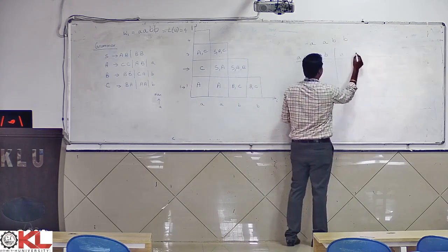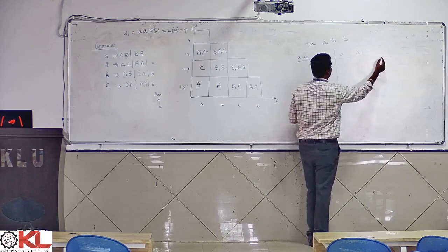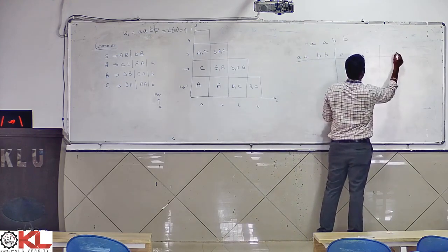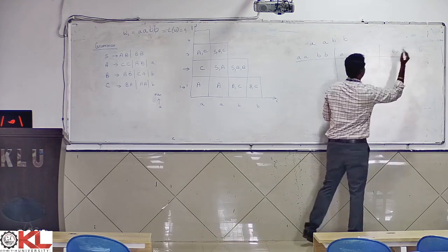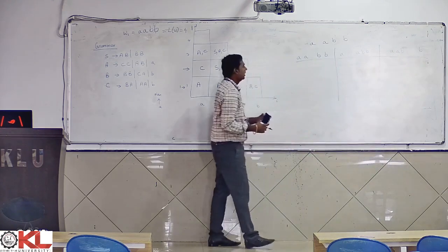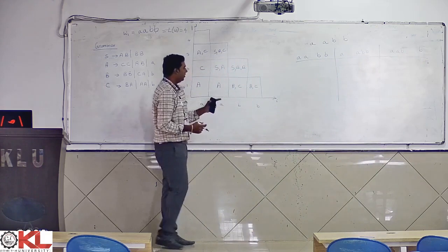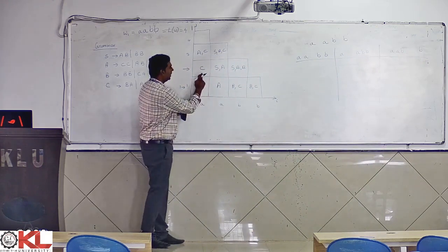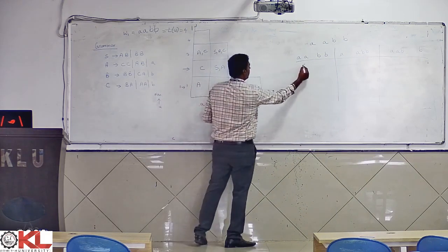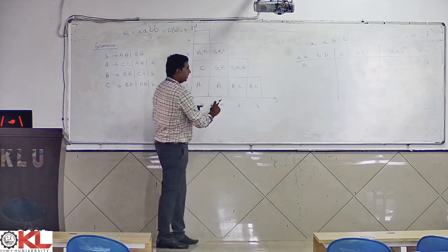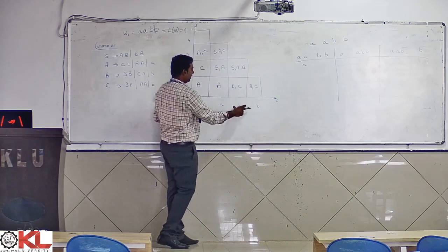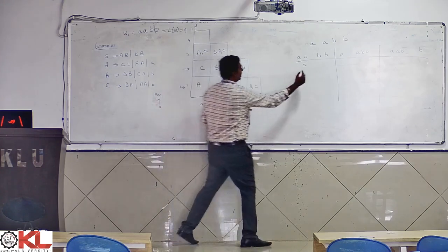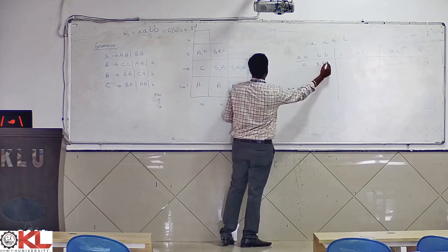The next combination is A and ABB. The next combination is AAB and B. Now I am checking where AA comes. When we map AA, it comes here, C. When we map BB, it comes here, S comma A comma B.